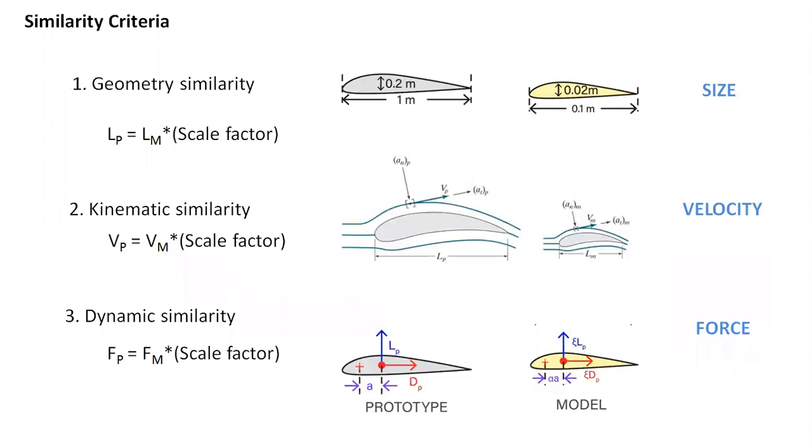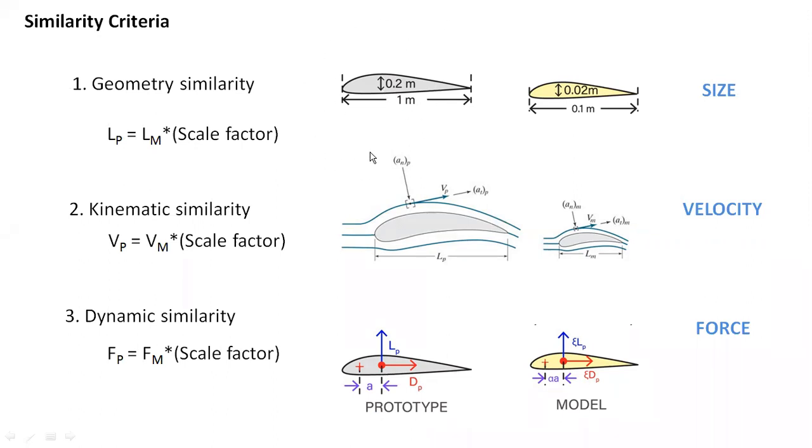Next one, similarity criteria. You don't have the ability to put a real aircraft in a wind tunnel, only in a very big wind tunnel, and a very small aircraft. For example, a fighter aircraft you can put in a very big wind tunnel and work with real scale, but you never put a Boeing or another airliner in a wind tunnel.